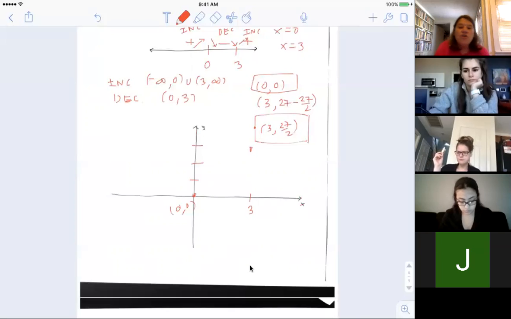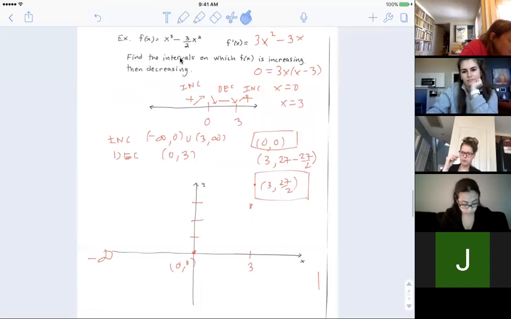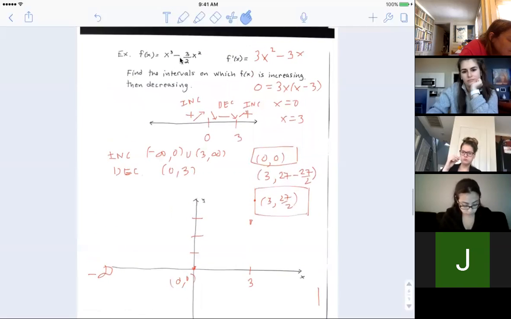Now look at your sign chart and realize that from minus infinity, and remember minus infinity is over here, up to that point, up to 0, we've got an increasing function, and I'm messing it up again. Let's see. Now test my signs right here. I got that and that.